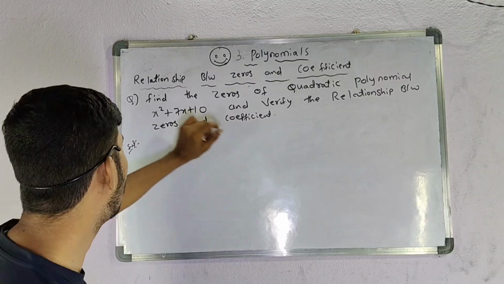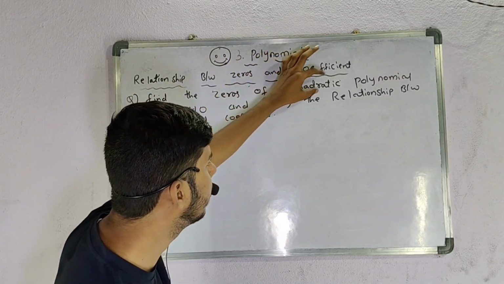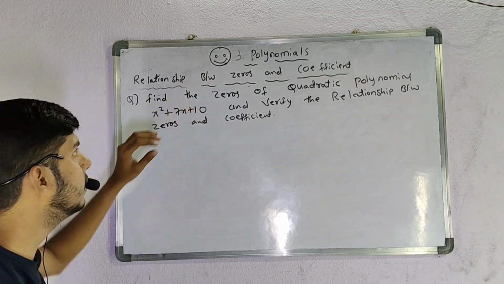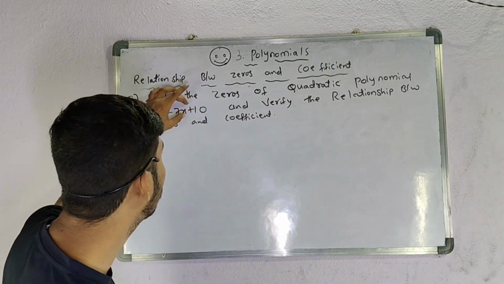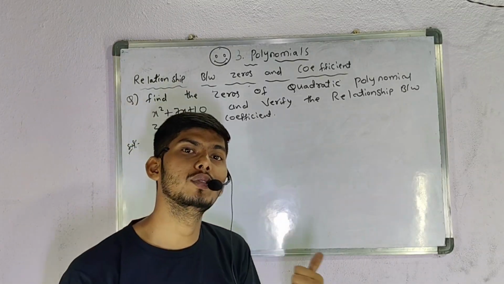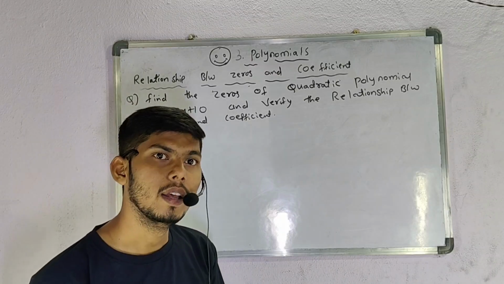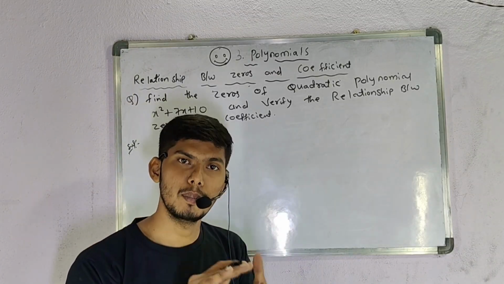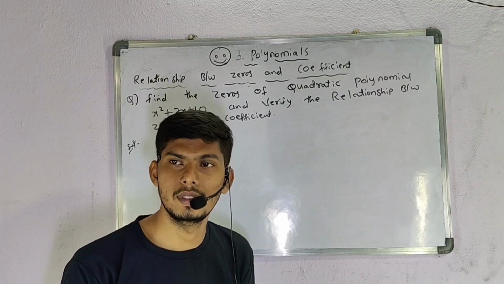What is given here? Find the zeros of the quadratic polynomial. After finding that, take one as alpha and another one as beta. First we do the sum of zeros, next the product of zeros.